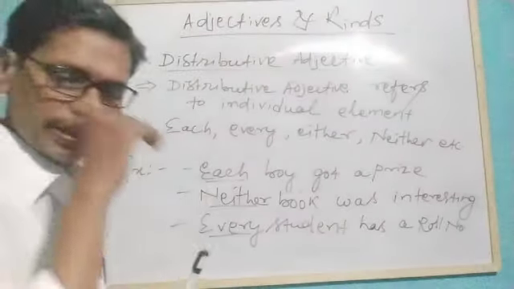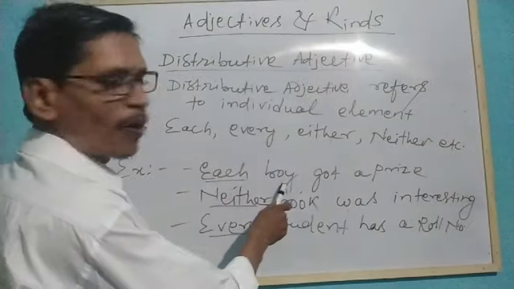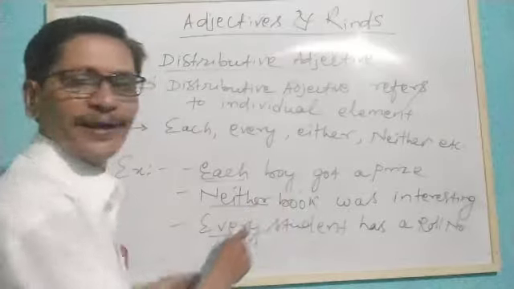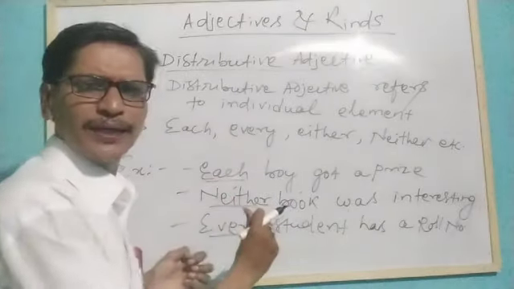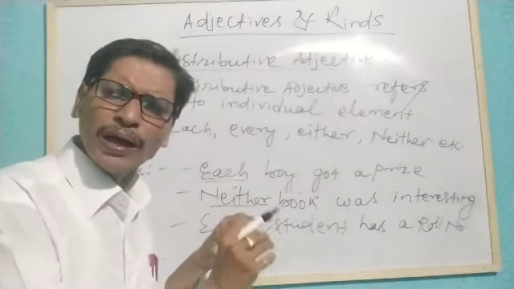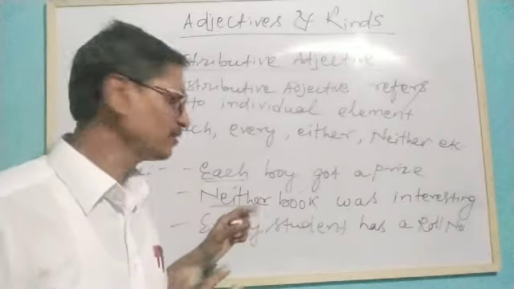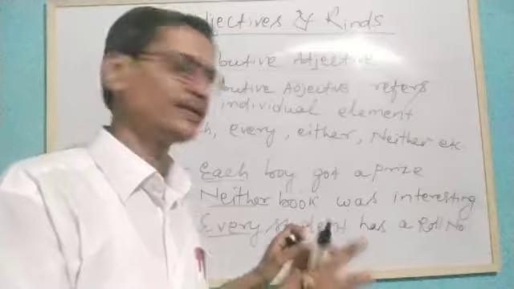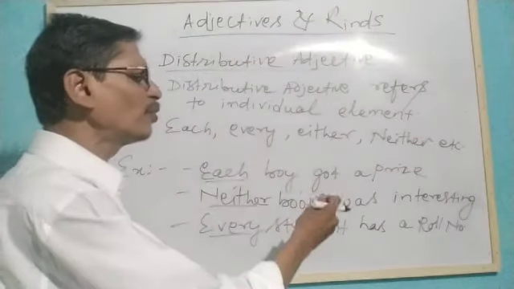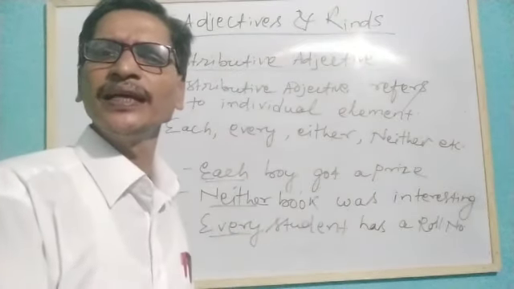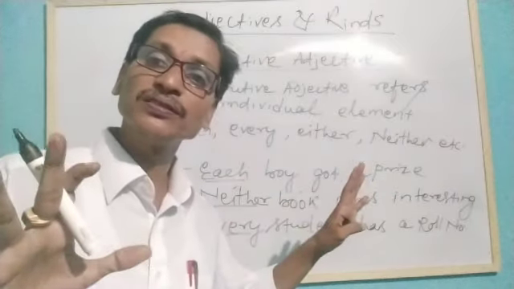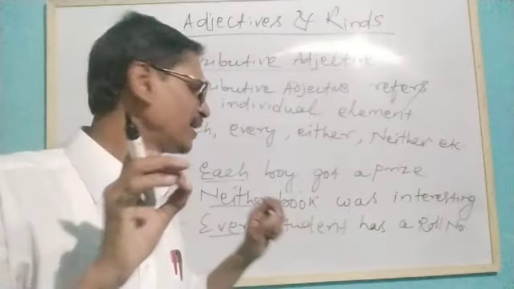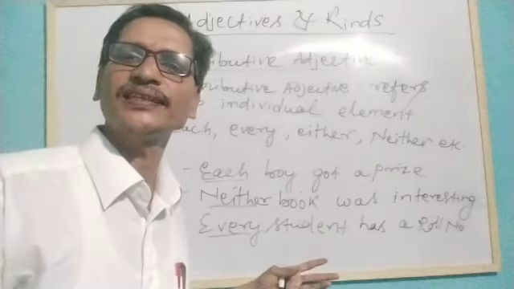Examples have been given over here. You can see each boy. Here, boy is a noun. Each boy. That means every one of the boys. Okay, each boy got a prize. Similarly, neither book was interesting. Neither of the books. Neither book was interesting.